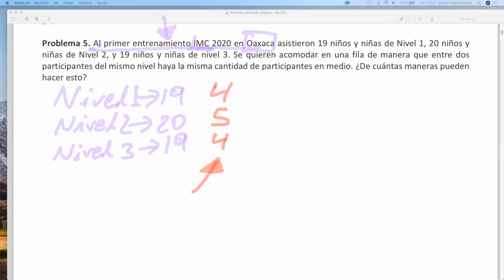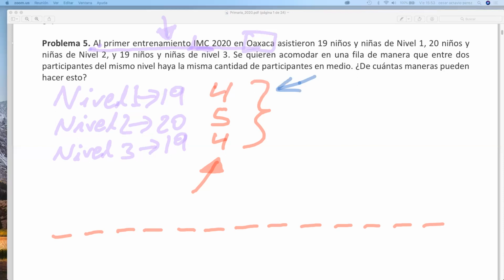Okay, we are going to make a line. In this line, we will have 13 students, okay?